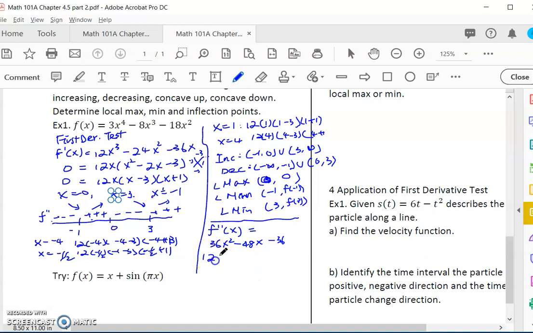Factor 12 out. 3x squared minus 4x minus 3. Is it factorable? I'm not sure. Probably not, because 9. I don't think this is factorable, so that's kind of difficult to do.